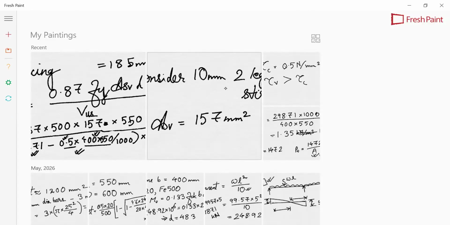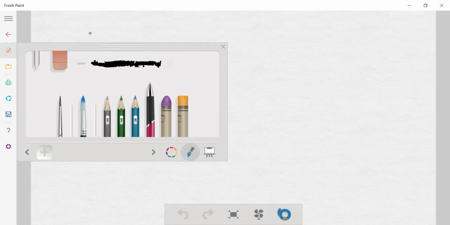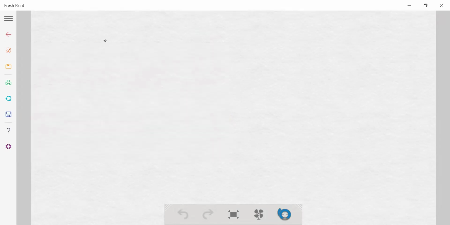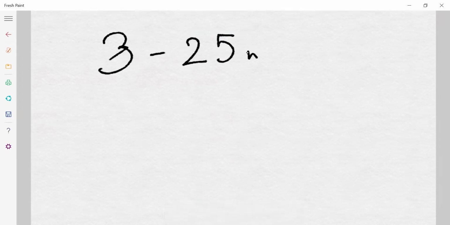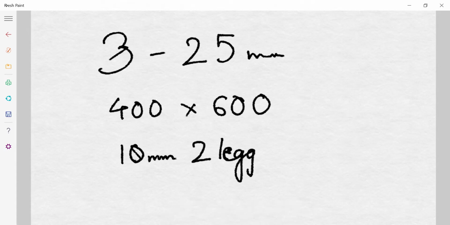So what was the final output of the secondary beam? The final output was main steel, three numbers, 25 mm, and size is 400 by 600, where 600 is gross, and stirrups is 10 mm two-legged, and spacing is 180.